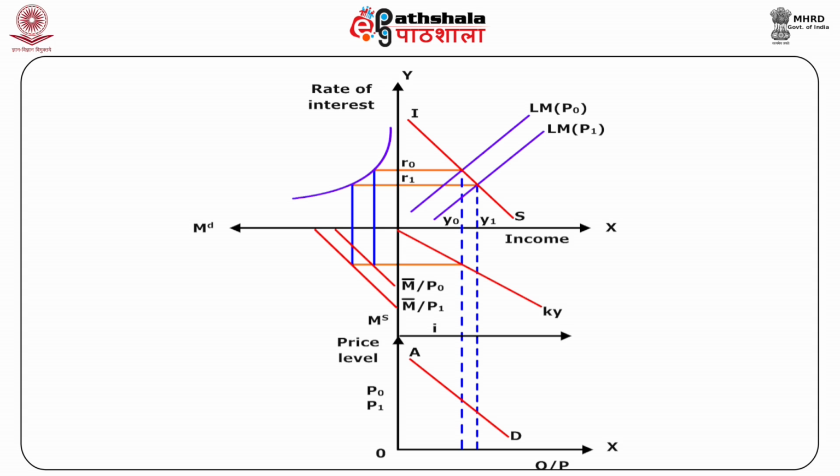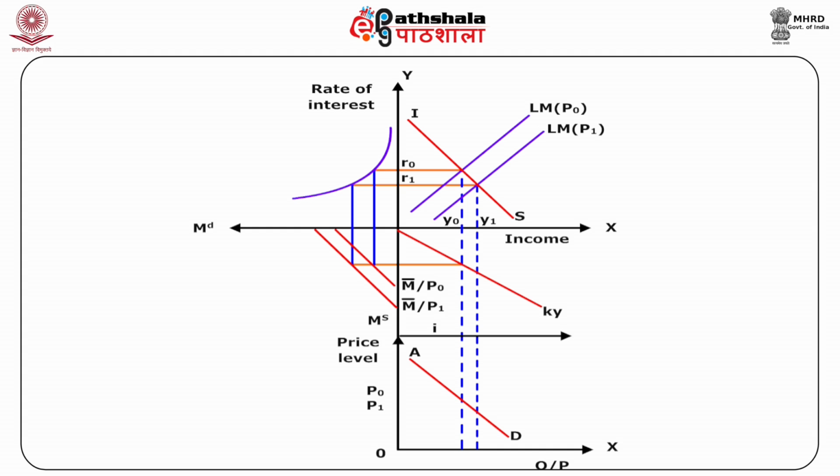So, what is happening is, corresponding to the decline in the price level in the economy, the aggregate demand has expanded from Y0 to Y1. Hence, at price level P0, the aggregate demand is Y0, at price level P1, which is a lower price level, the aggregate demand is Y1.